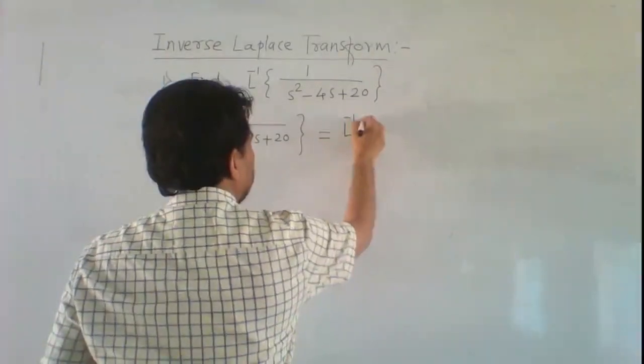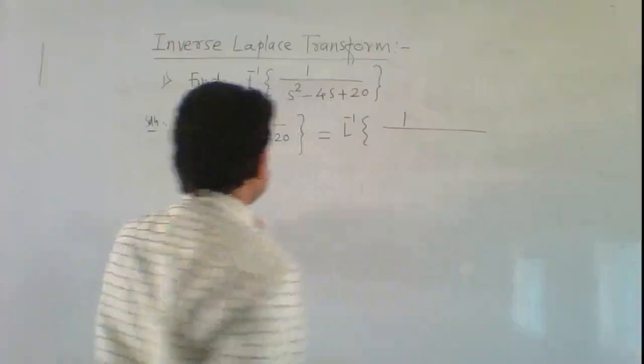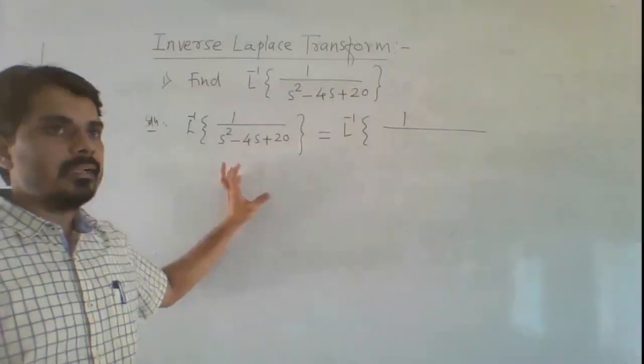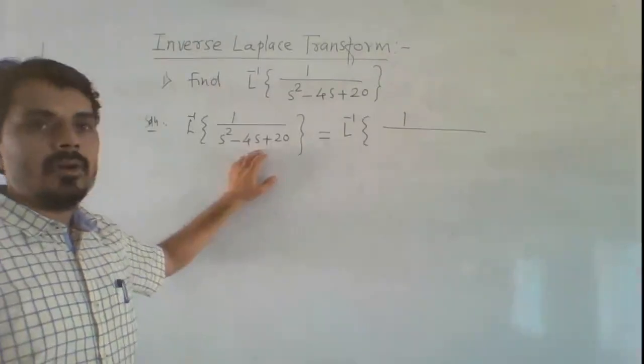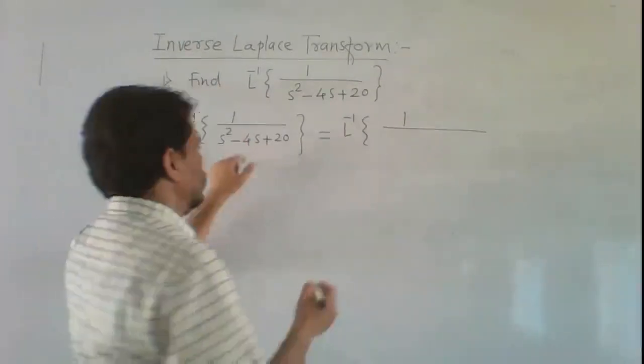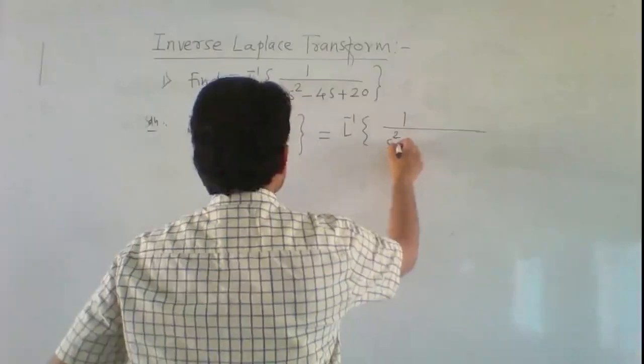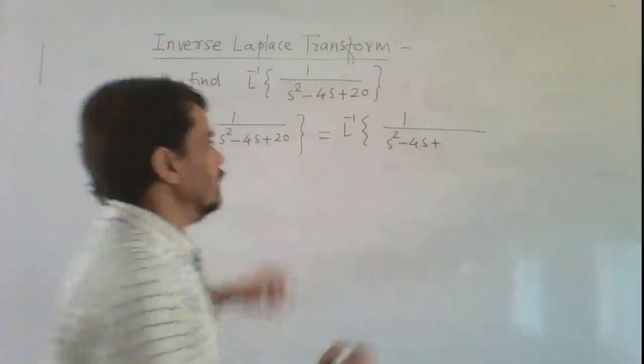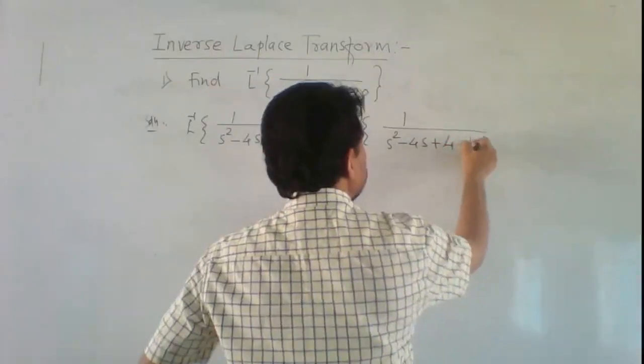This is obtained by taking the third term and adding and subtracting. So s square minus 4s plus 20 can be written as s square minus 4s plus 4 plus 16.